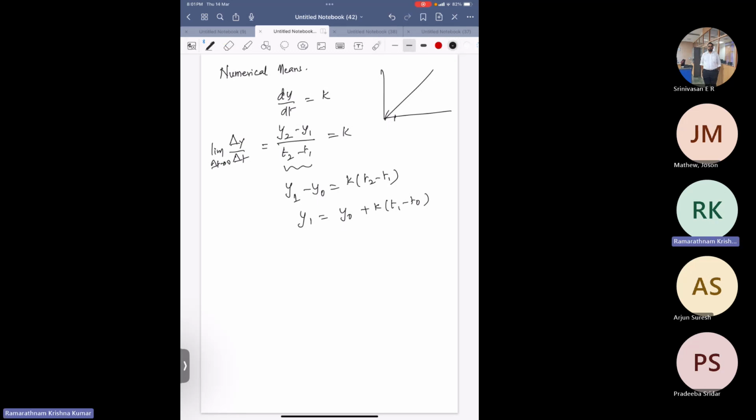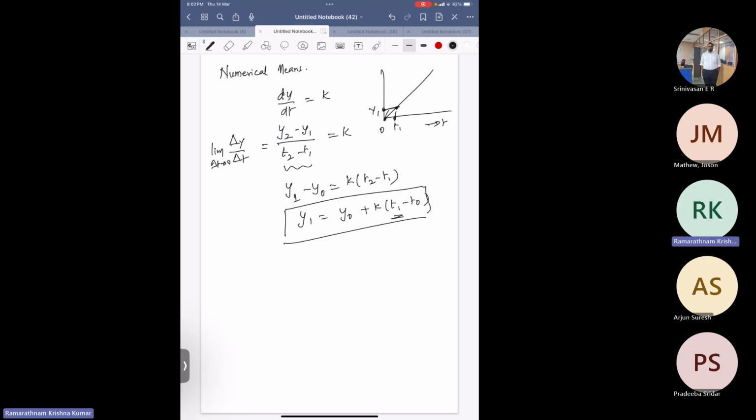So what have I essentially done? This is t, this is 0, so this is t1. Given t1, this equation gives me y1, so I got this point.